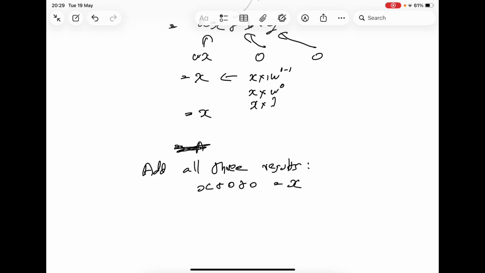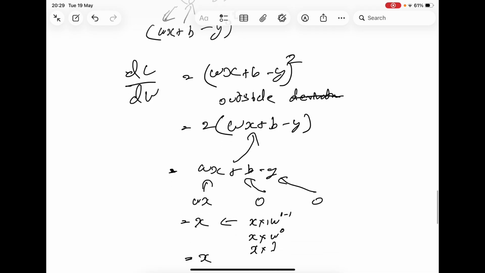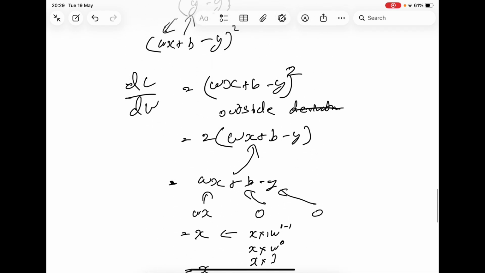Right, so this is the inside, right? So now we have the inside and the outside values. So using the chain rule, what the chain rule tells us is we need to multiply the inside with the outside, right?